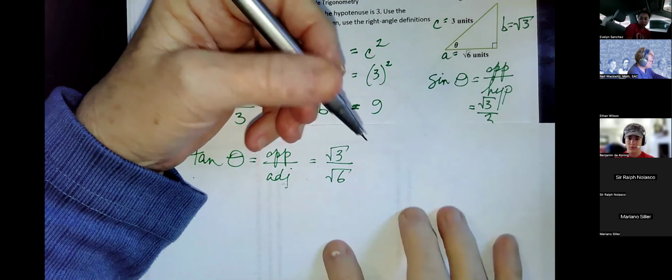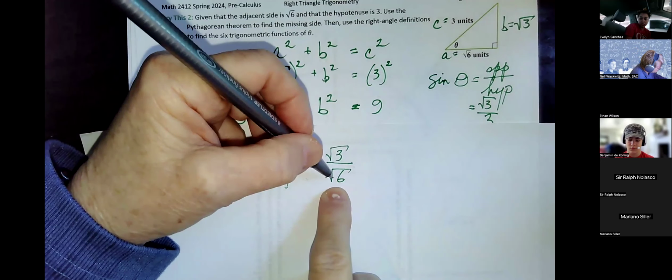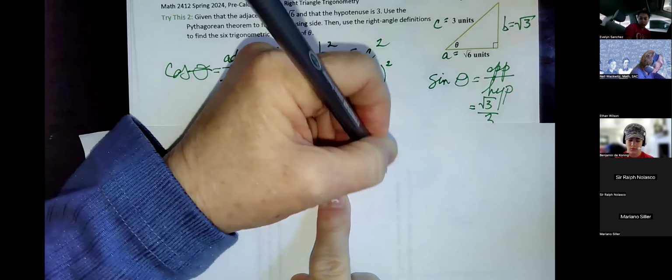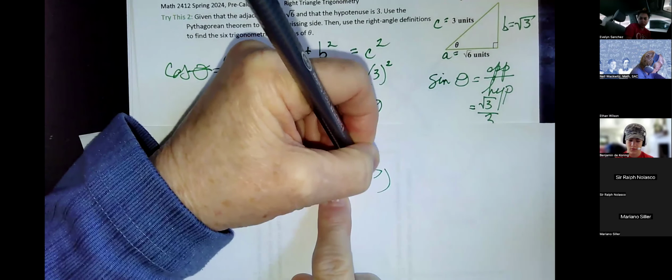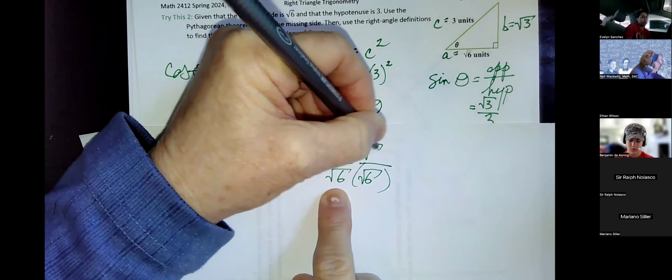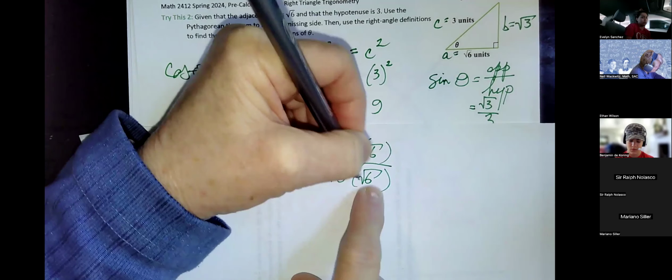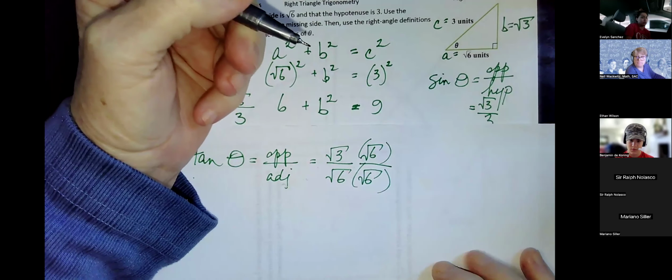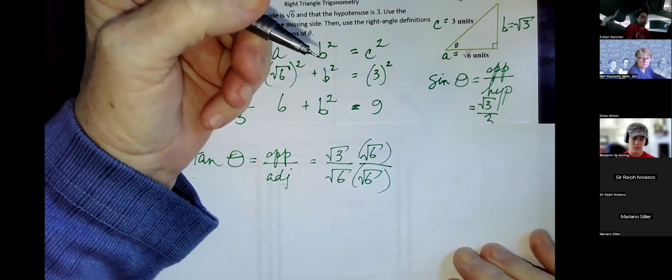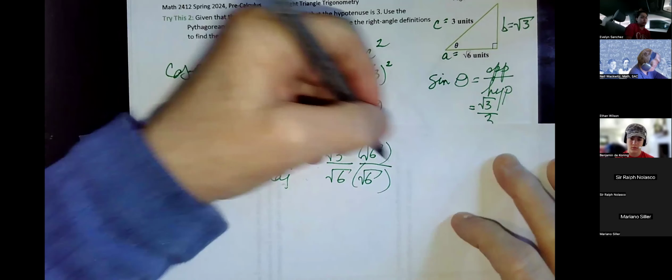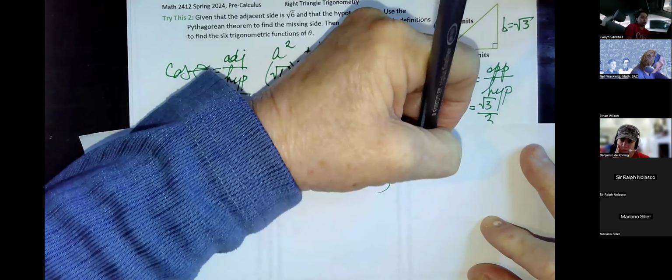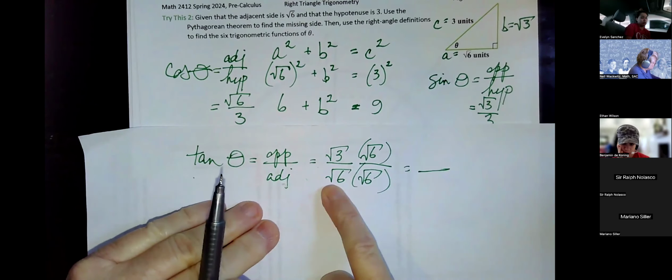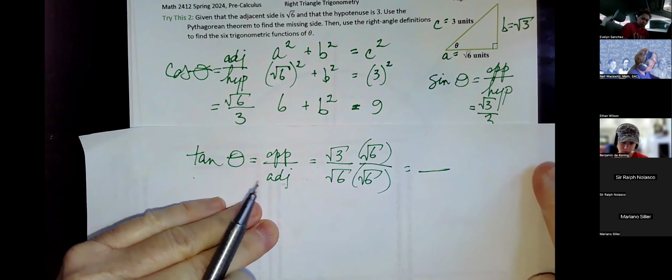But we're going to do something similar. We're going to square the denominator and then multiply the numerator by that same value. So square root of 6 times square root of 6. 6.